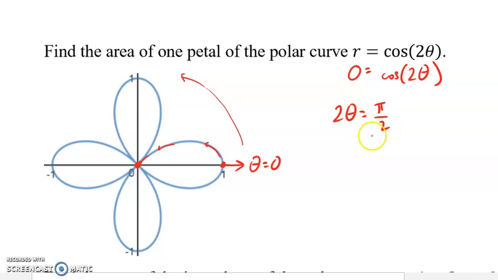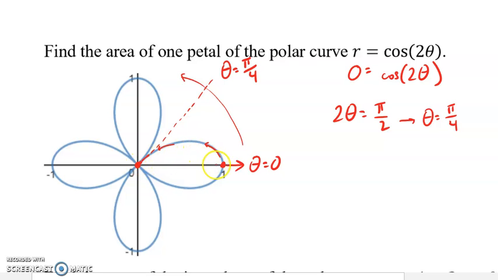And so if 2 theta equals pi over 2, then theta equals pi over 4. All right, so that seems to jive. That line right there is the tangent line at the pole, and it looks like it's at theta equals pi over 4. And that's when we get to the pole first, starting at theta equals 0.